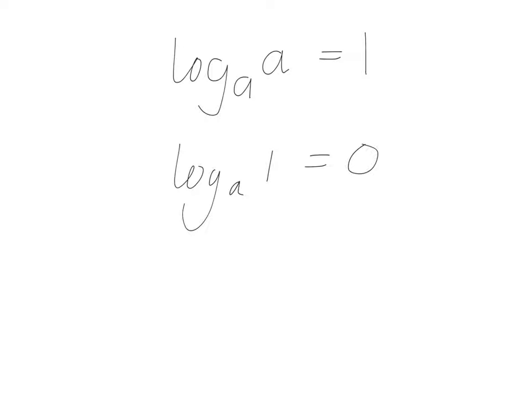So we saw that we had the points (a, 1) and (1, 0) on our graph, and that's what those 2 rules are telling us. So it's helpful to remember those when it comes to solving these equations and evaluating answers for these equations. Now we will look at some examples where we are using the log rules to simplify or evaluate log equations.